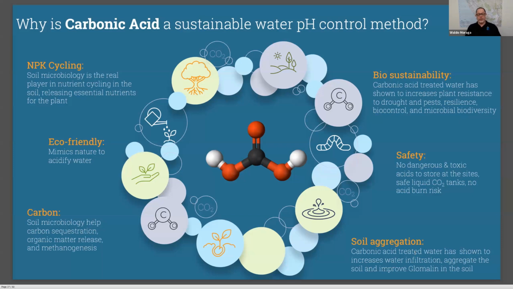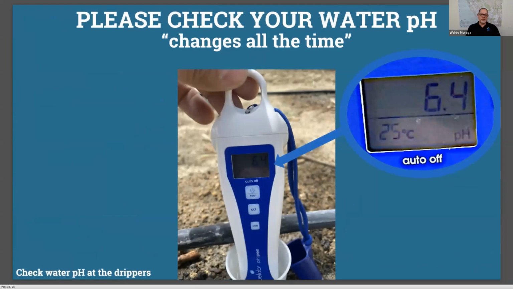That's one of the other benefits, and it's the fastest one. This is one that you can see after 2 months of using carbonic acid in the water: you start seeing more water penetration and less water standing after the irrigation cycle.